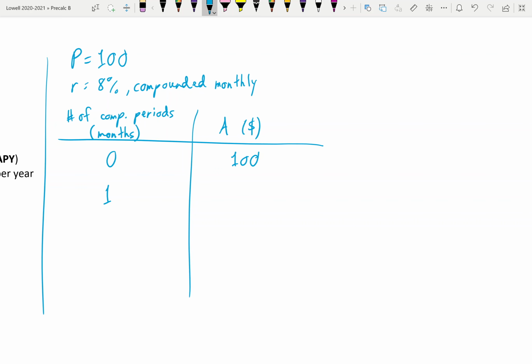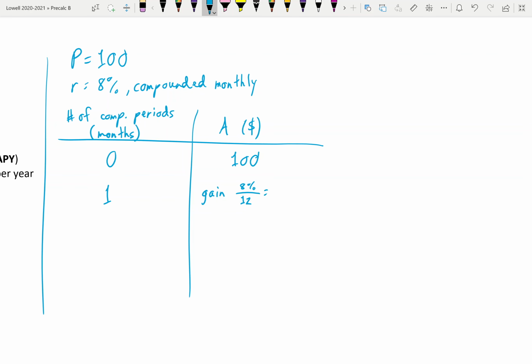So again, it's just another way of breaking that 8% down. Instead of 8% all at once, you're getting paid in installments, if you will. So our interest is not 8%, but actually only 1/12 of 8%. So I'm going to write it like so.